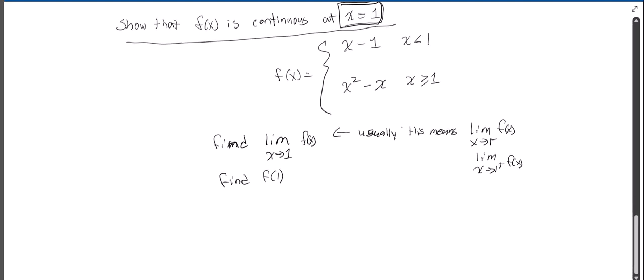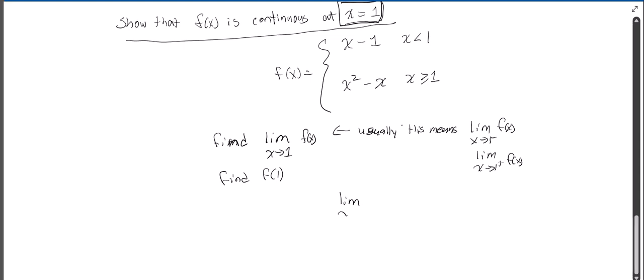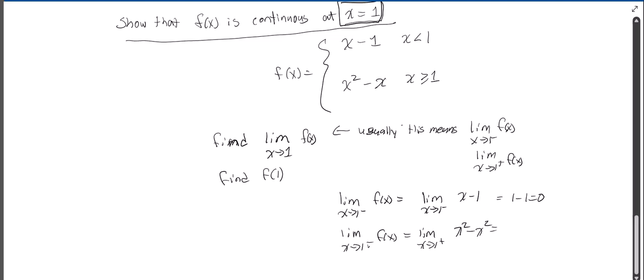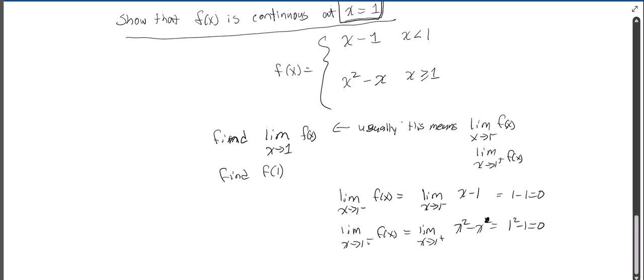So in this particular example, the limit as x approaches 1 from the left of f(x) equals the limit as x approaches 1 from the left of x − 1, which is 1 − 1 equals 0. The limit as x approaches 1 from the right of f(x) is the limit as x approaches 1 from the right of x² − x, which is 1² − 1, which is 0.